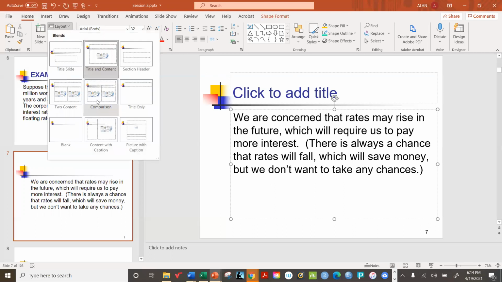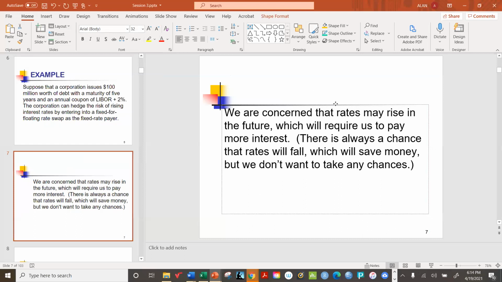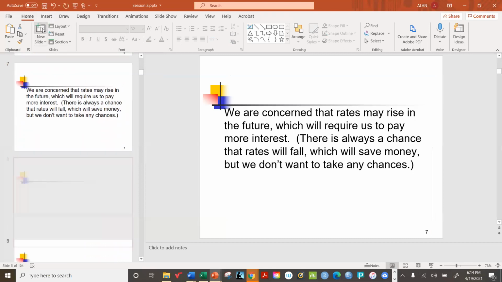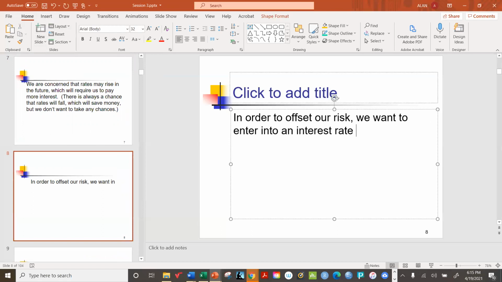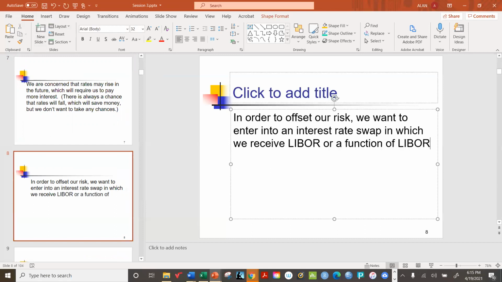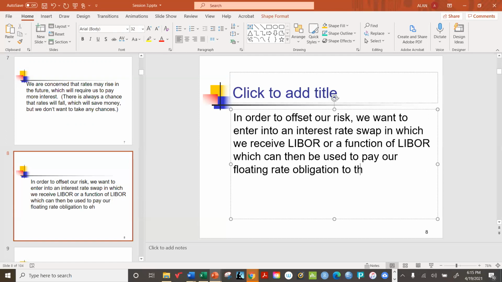So what do we do? We have to worry about this 5-year bond. So in order to offset our risk, we want to enter into a swap in which we receive LIBOR or a function of LIBOR, which can then be used to pay our floating rate obligation to the lenders or the bondholders, let's say.